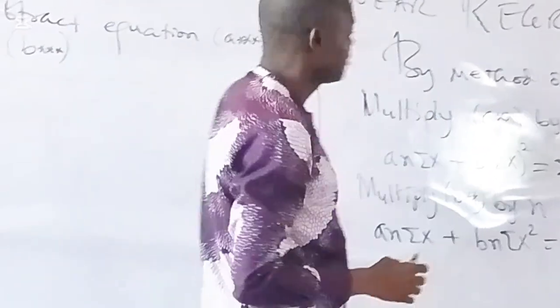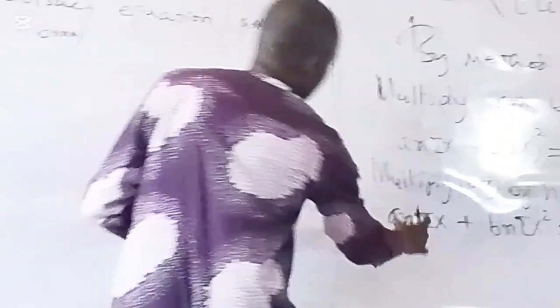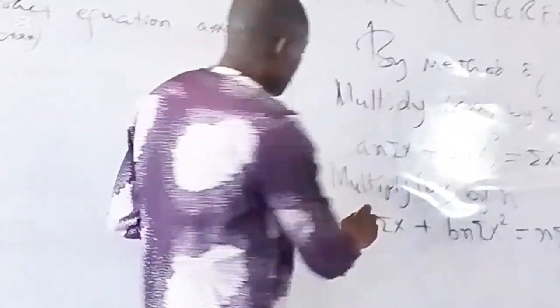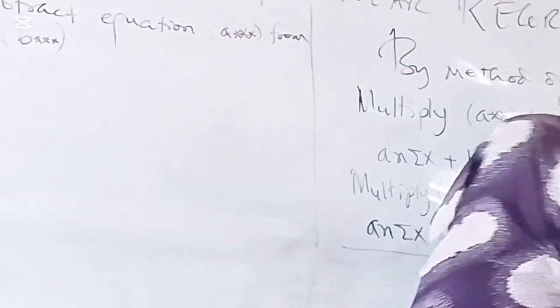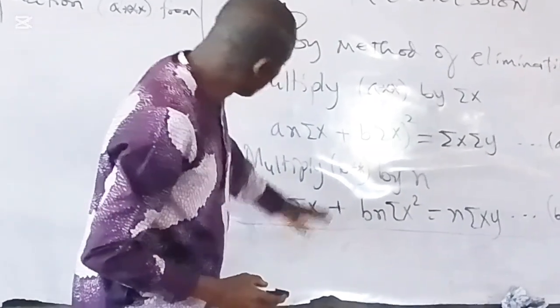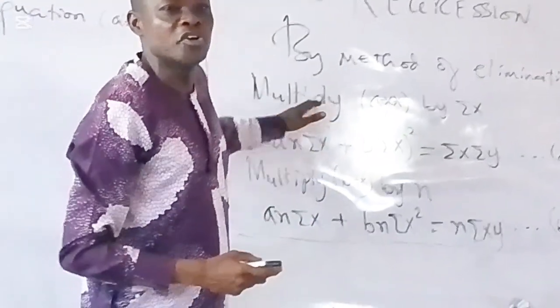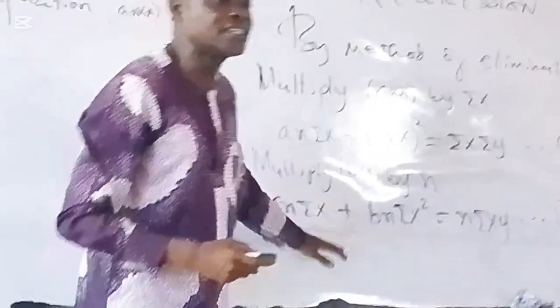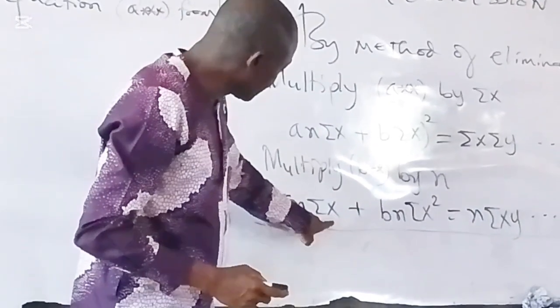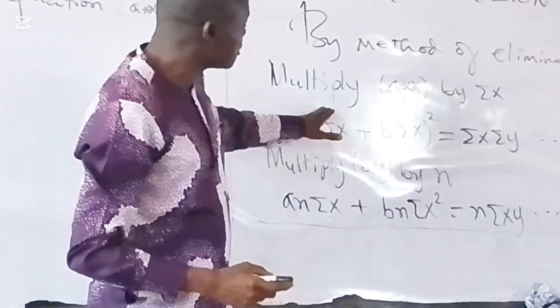What do we have? This minus this is 0, just like 1 minus 1 is 0, just like 2 minus 2 is 0. This number is the same as this one, so this minus this is gone.